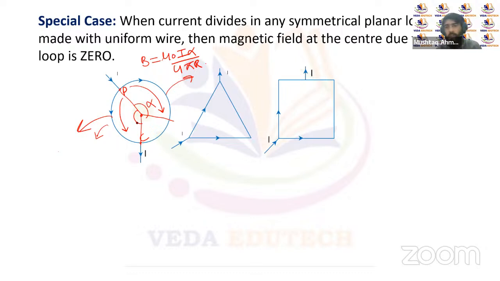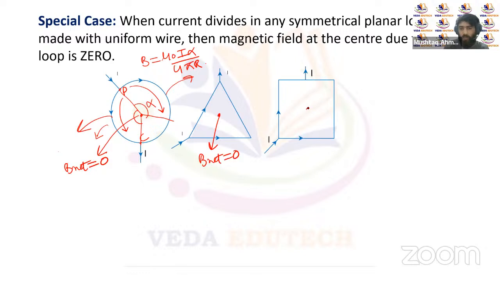So be it any symmetrical planar loop made up of uniform wire, the magnetic field at the center of that symmetrical planar loop will always be zero. So here at the center, the net magnetic field B net will be equal to zero. The same will be the case for this triangular loop as well: B net will be equal to zero.